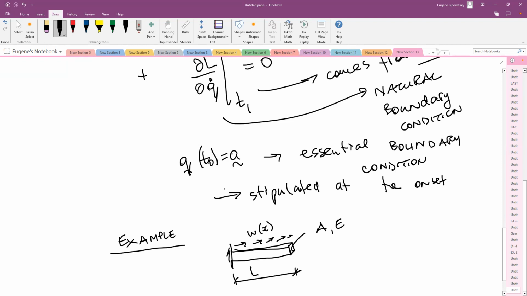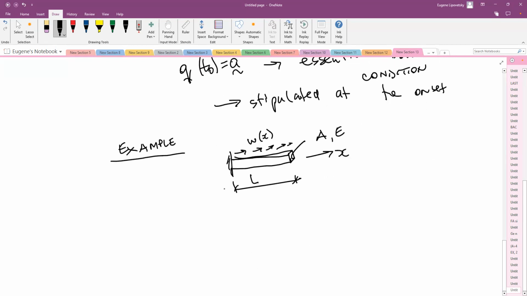This is L. This is x. Should I use W? Yeah, I guess so, right? Okay. And the variable is displacement, u of x.